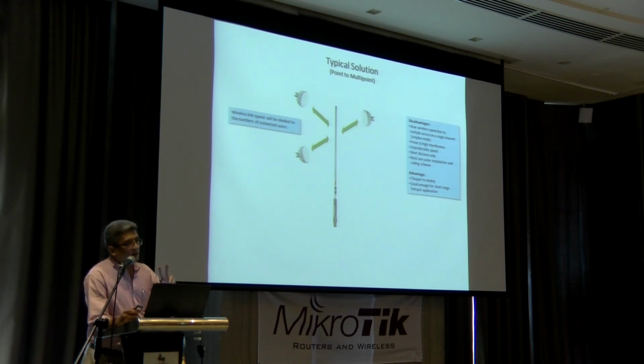But if each side is transmitting and receiving at the same time, it is 27 Mbps, and that is only for one AP to one client. If you add another client to that, it will be divided further and further.